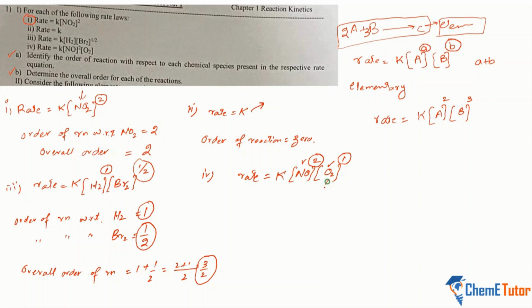So the order with respect to O2 is 1, and with respect to NO is 2. So the overall order of the reaction will be 2 plus 1, which is 3. So now question 1 is solved.